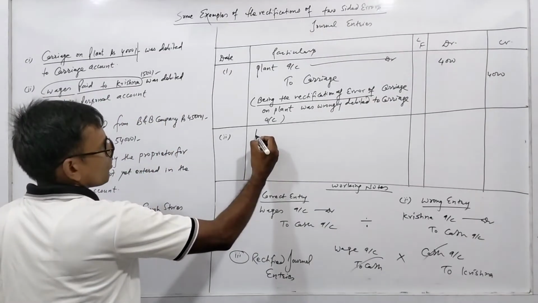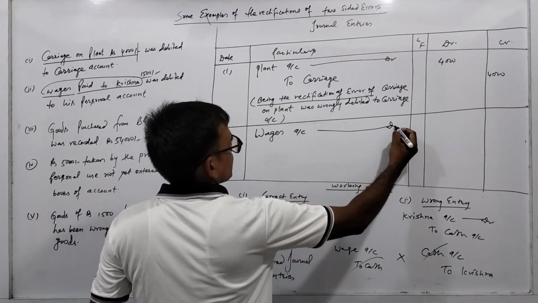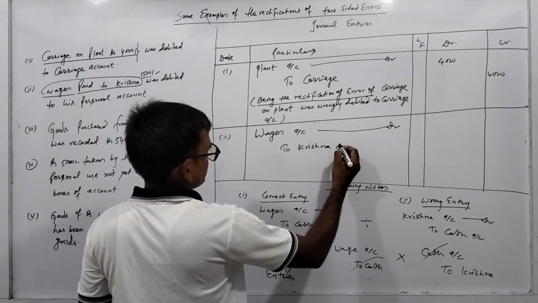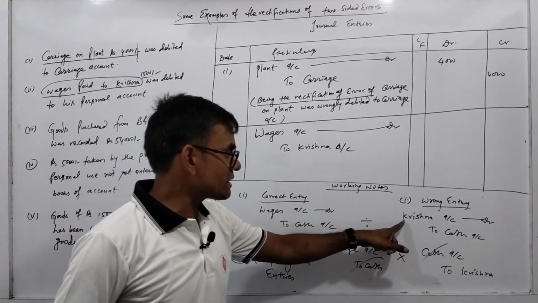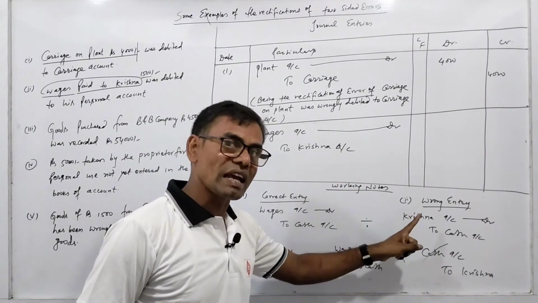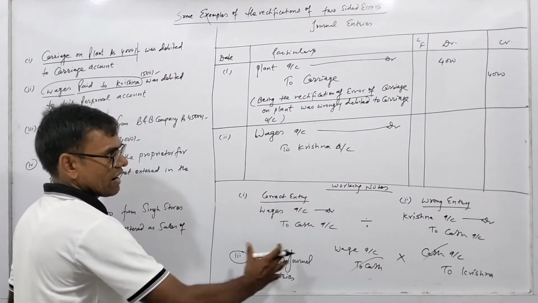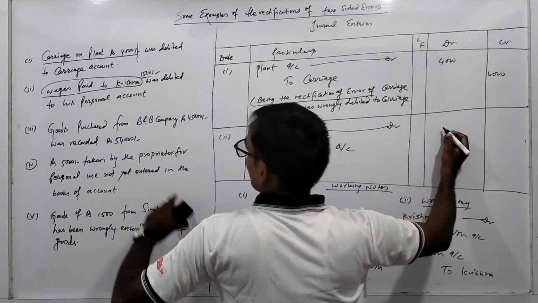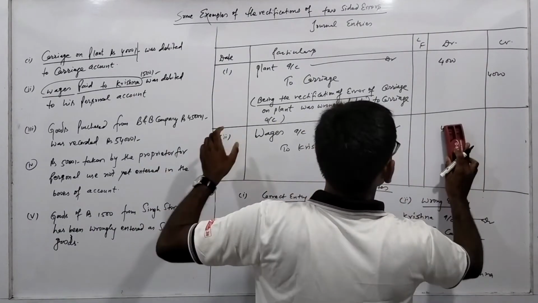Now you have to write wages account debit to Krishna account. Why? Because wages should be debited and Krishna should be cancelled, and here Krishna is debited, and to cancel it, it should be credited. The process of rectifying entry is like this. Okay, the amount is similar.